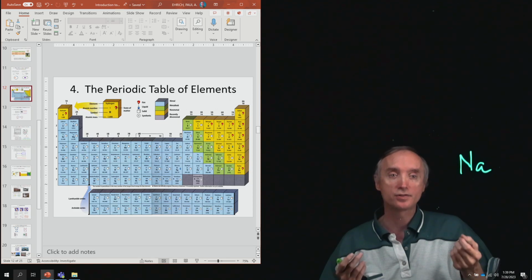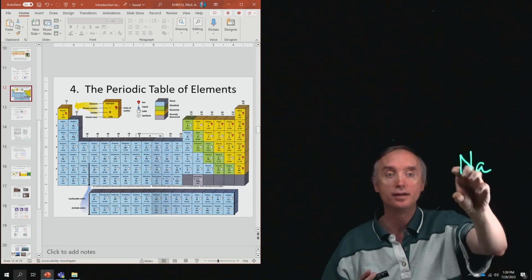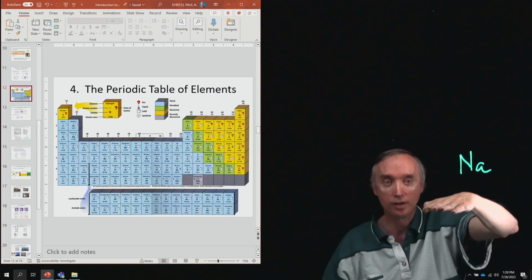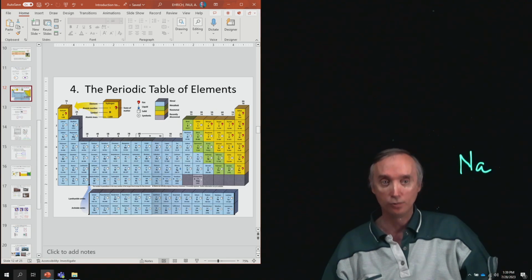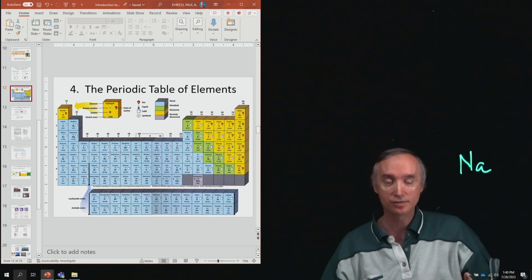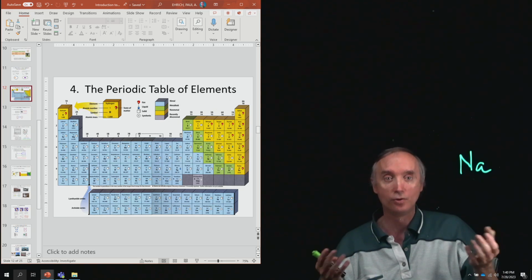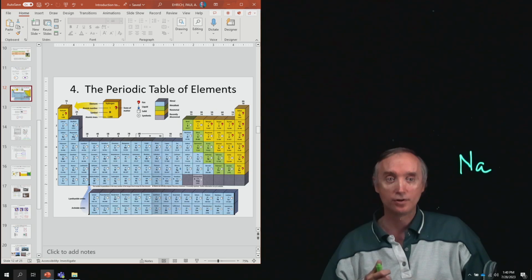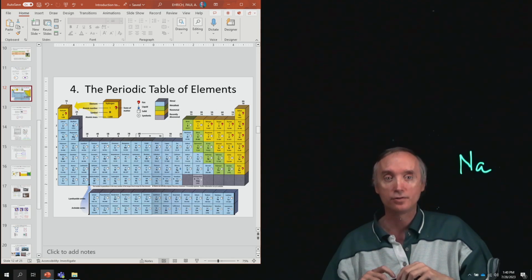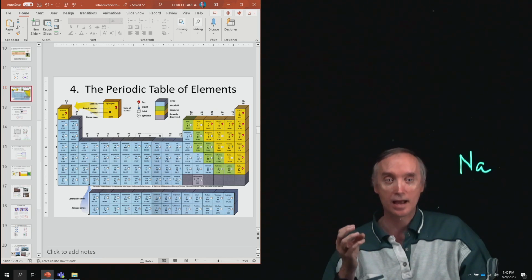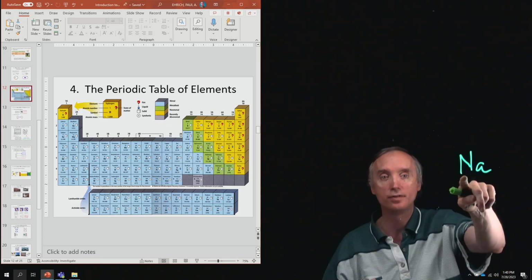If it gives away its one electron, it then drops down one energy level, and that energy level underneath it is completely filled with electrons, so it thinks it is a noble gas. It thinks that it's the noble gas argon, because if you look at argon on that chart, argon has 8 outer electrons. So it thinks it's going to be argon if it gets rid of that one electron.